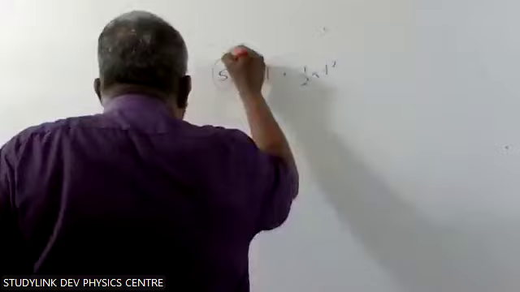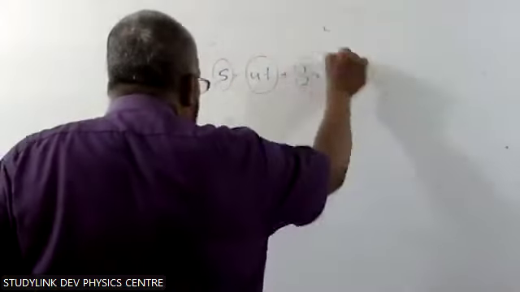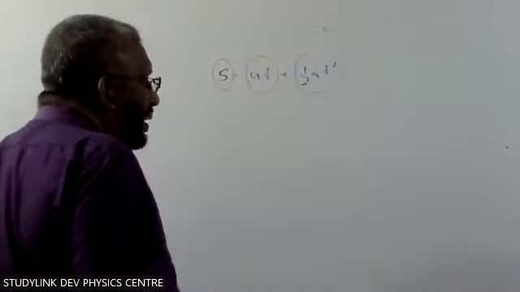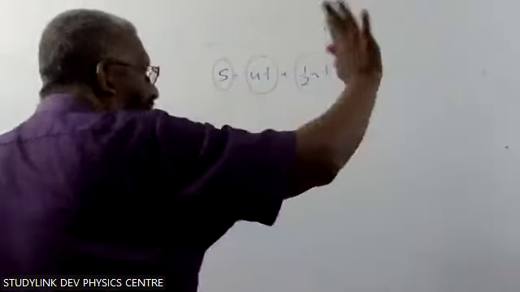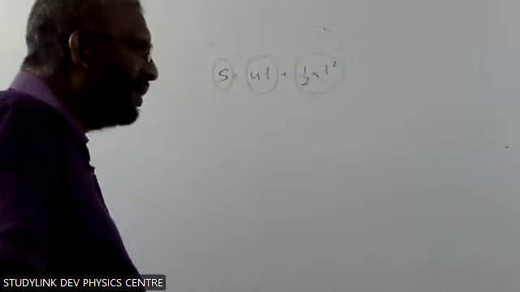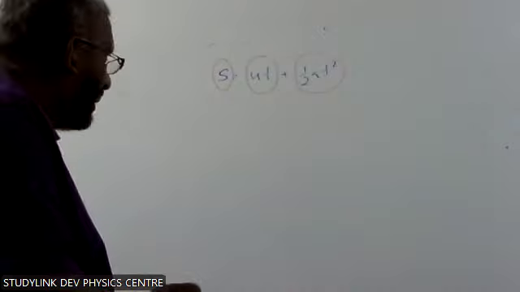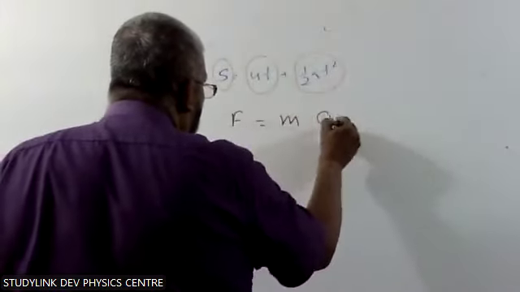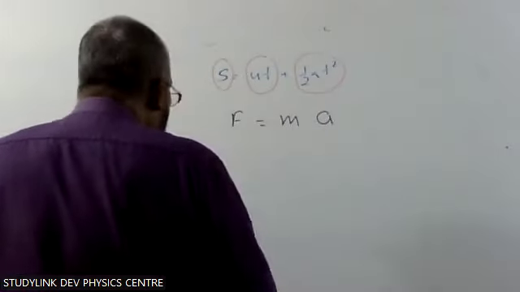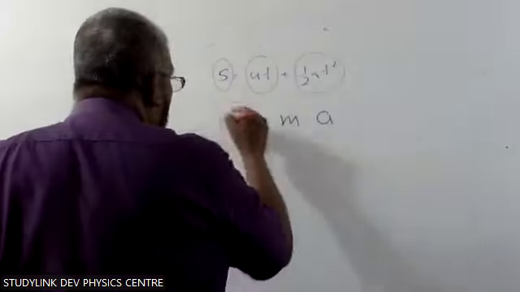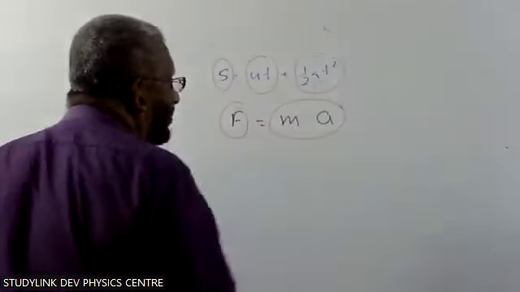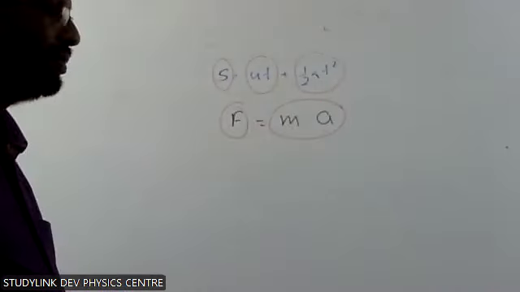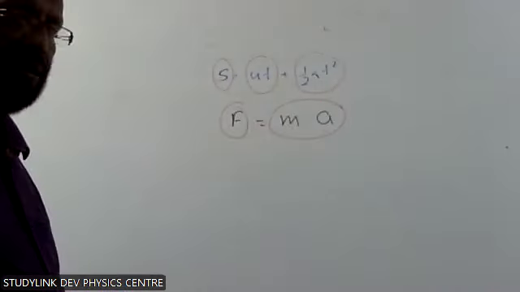These circled ones are terms. A separate t square is not a term. Then F equals MA, we did this equation. So the terms are F and MA. Understood now? Those are terms.